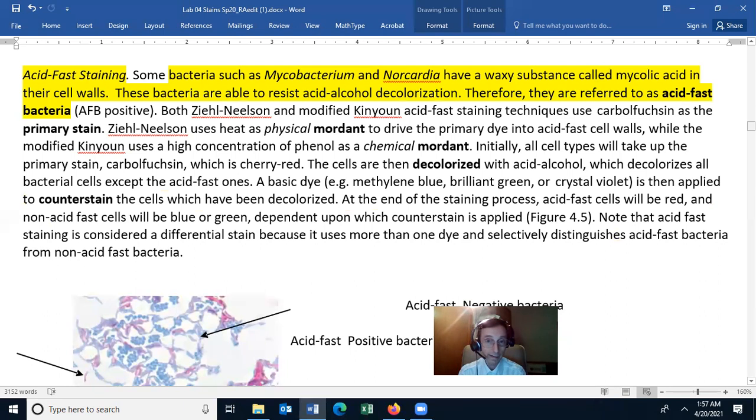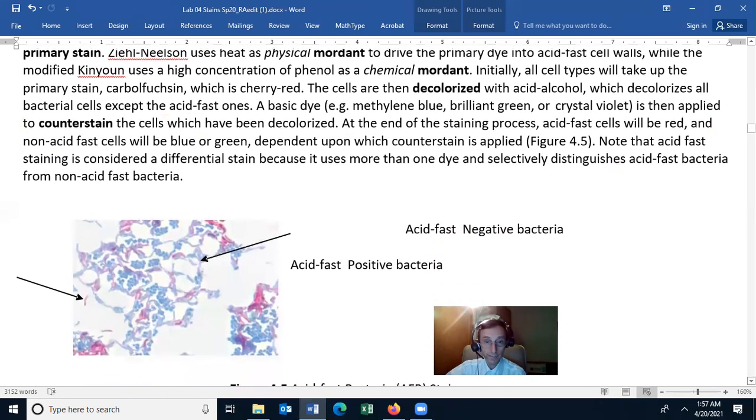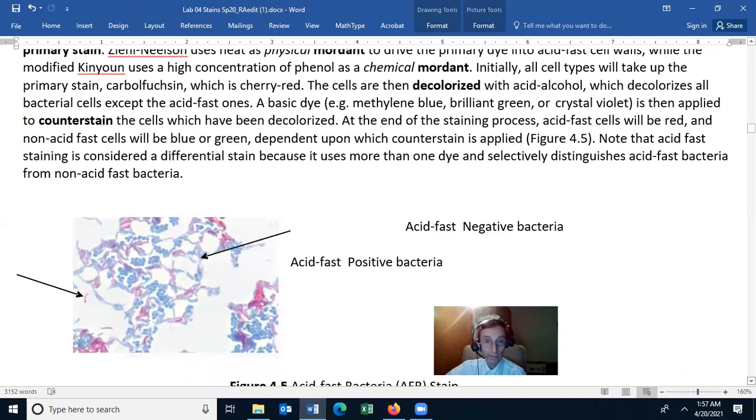The acid-fast cells have so much waxy mycolic acid in their cell walls that they do not readily take up dyes that are water soluble, but they do take up acid-fast dyes, and then they retain that in their cell walls.